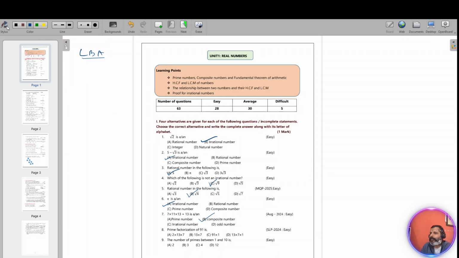Prime factorization of 91. You have to solve that. 91, how do 3 2s are, 3 7s are, 3 9s are, 3 3s are.